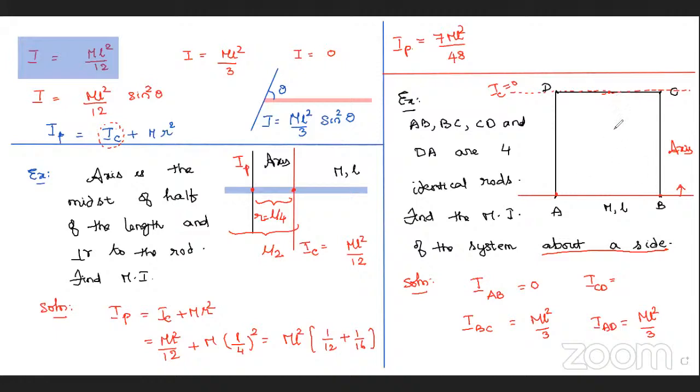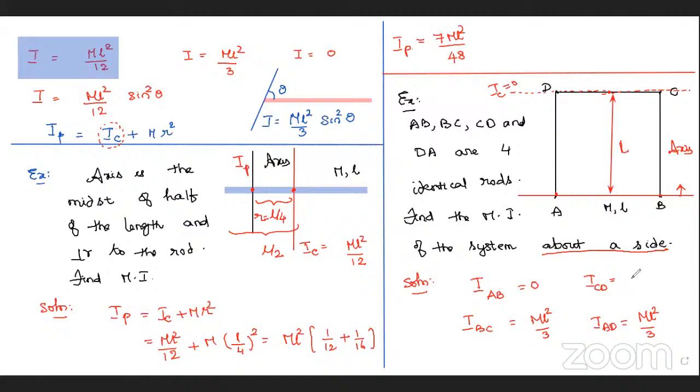So you can use the parallel axis theorem for the rod CD. What will be the perpendicular distance between those two axes? Exactly equal to the side length. Side length is L. This is L. Okay, right.